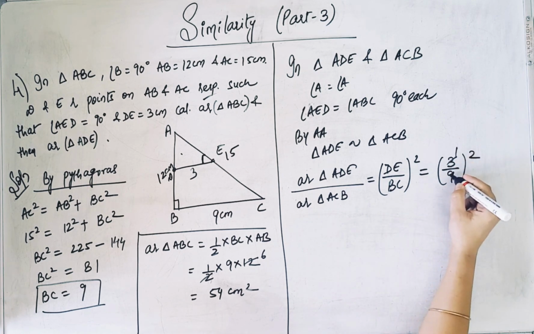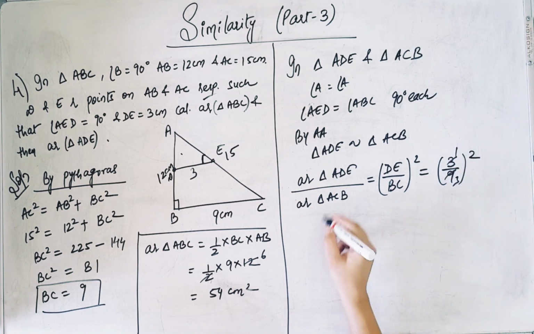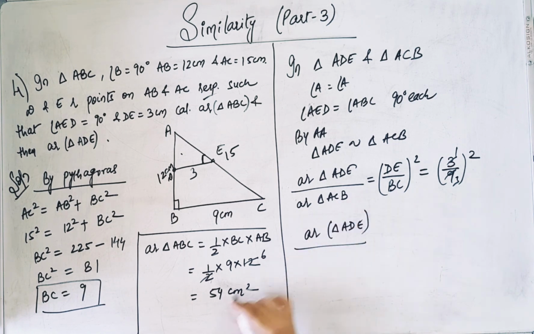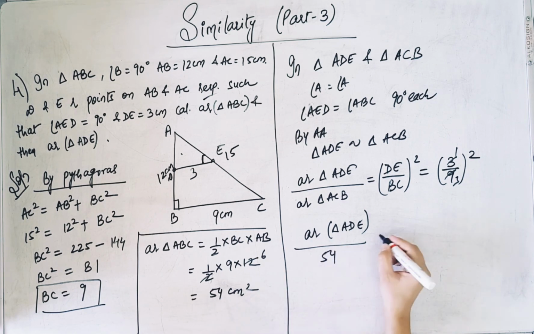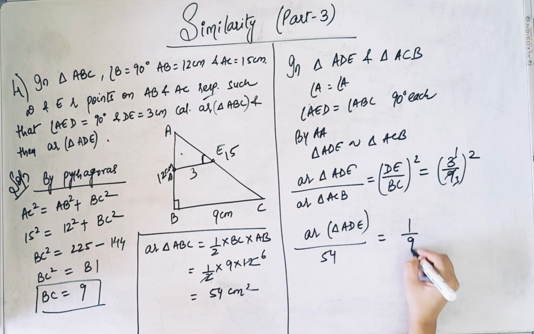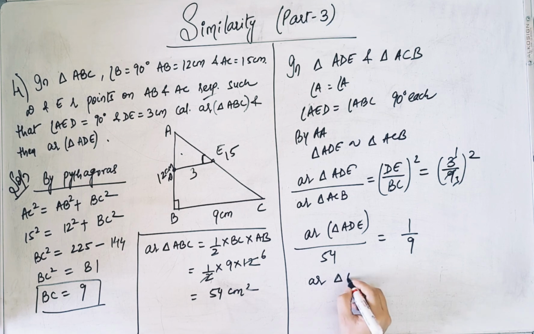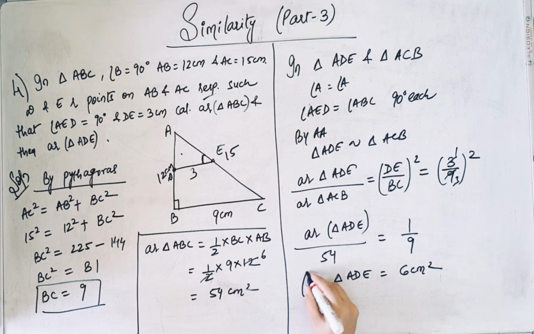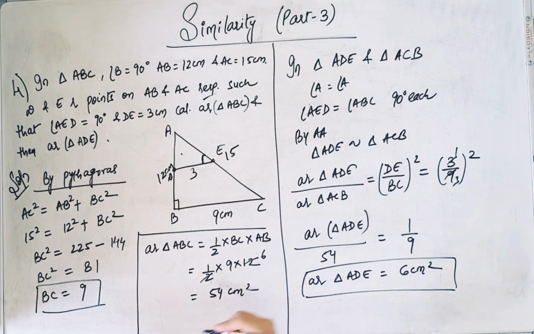So 3 by 9 is 1 by 3, and 3 times 3 is 9. Area of triangle ADE we have to calculate, and we have already calculated ACB area, that is 54. This will be 1 by 9. So area of triangle ADE is 6 centimeter square. So this is how, whatever is being asked in the questions related to areas, we have to apply this concept.